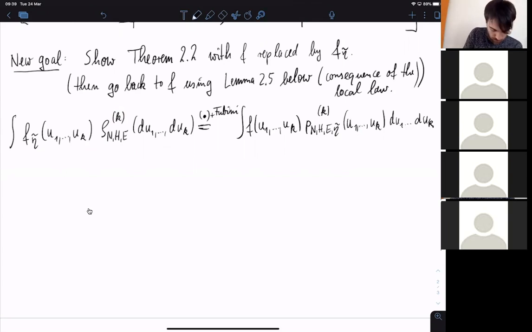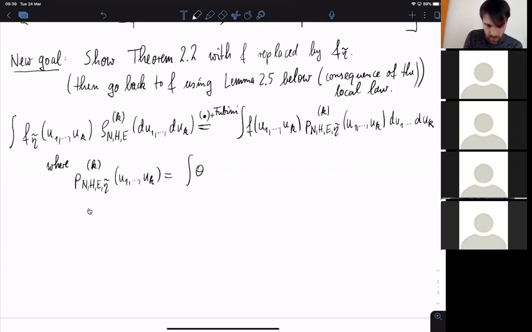I still owe you the definition of the rho, so of the p, where p_{n,H,E,eta tilde,k} is defined as follows. As I said, you just move the definition over by using Fubini.